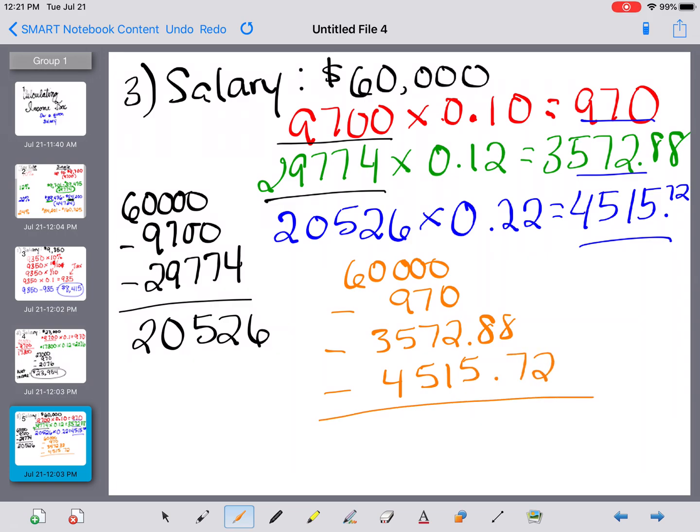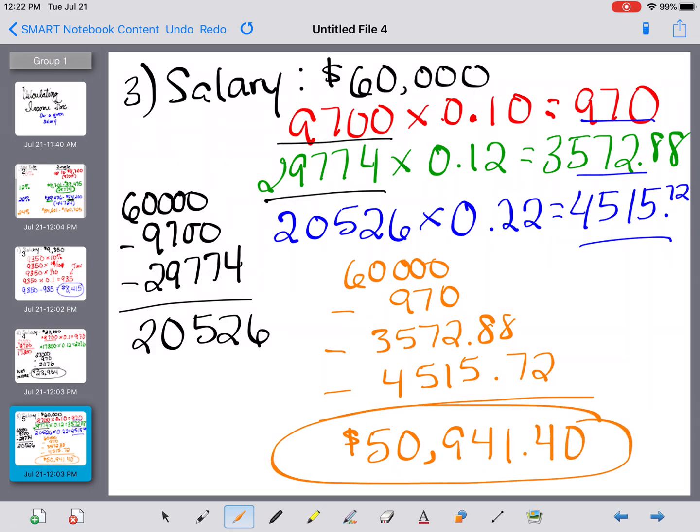Once we complete all of that subtraction, we find out that the amount of money we're left with is $50,941.40. That is our net income.